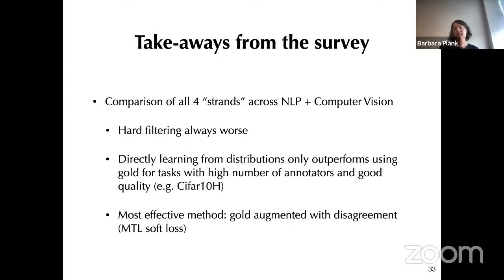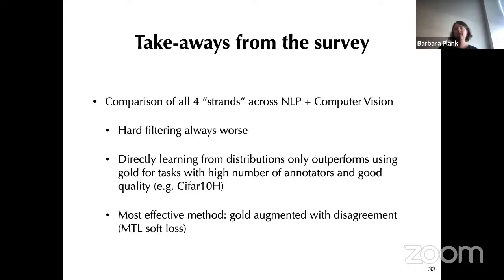So we saw that filtering the data was essentially always worse. So you're better off just aggregating all of it, or modeling the distribution into account. But we saw also that directly learning from the distribution itself is not always very helpful.